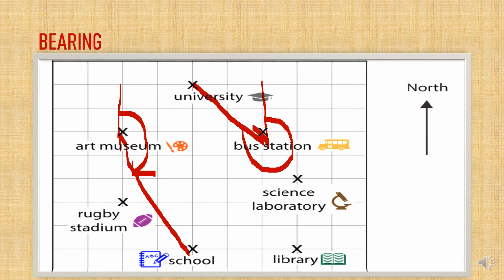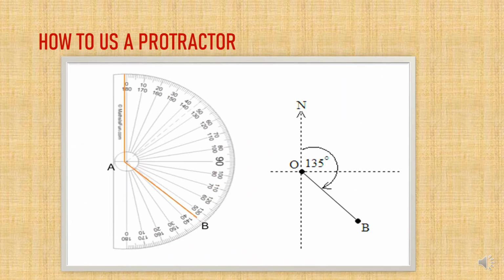Right, here is a protractor and how it is used to calculate bearing. Right, this is the protractor. That's how it looks like. So the protractor measures angles from all directions. As you can see, we have the 0 here, the 0, 10, 20, 30, 40, 50, 60, 70, 80, 90, 100 up to 180 here. So you can also measure starting from here.